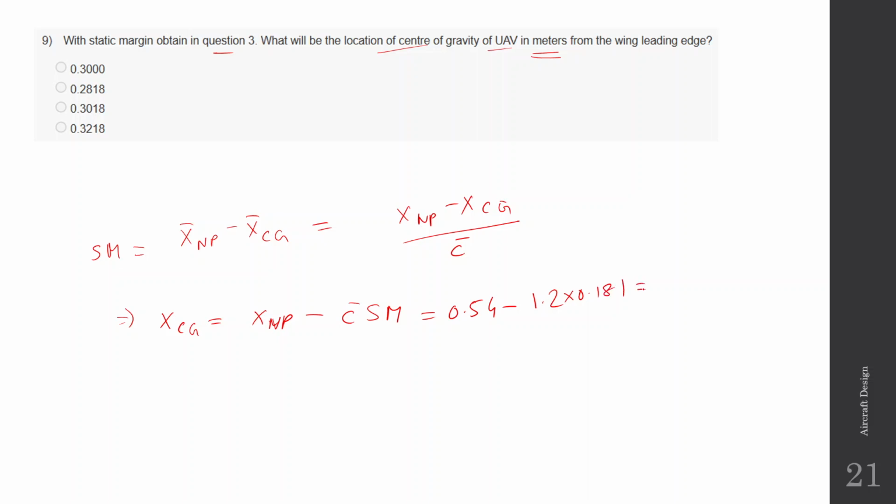So this is 0.322 meters. No, SM was not negative.